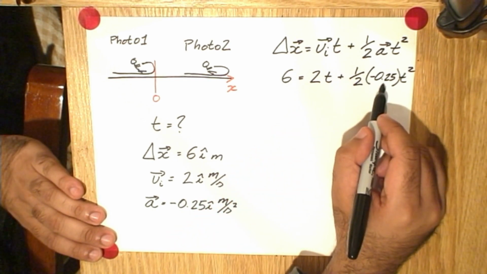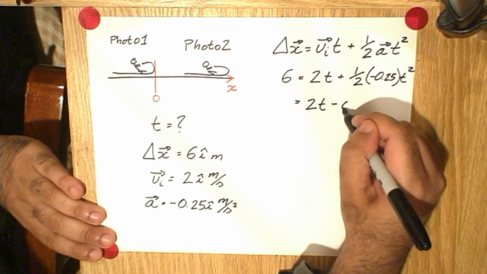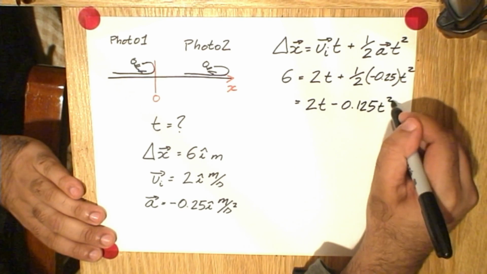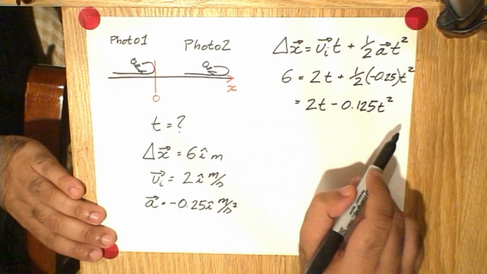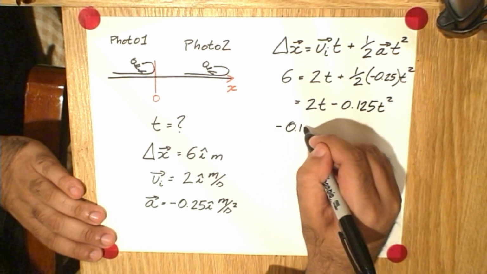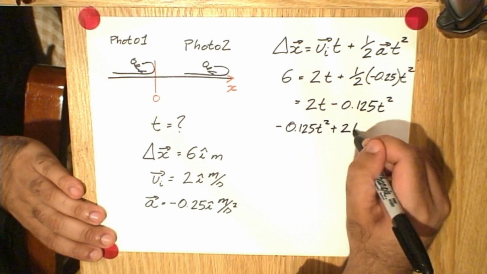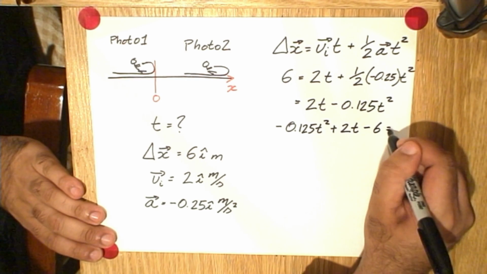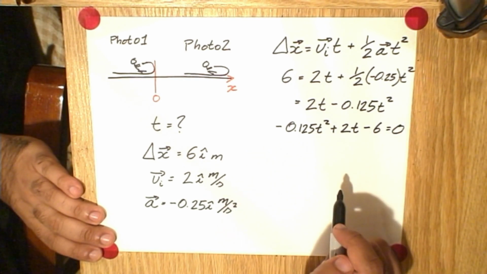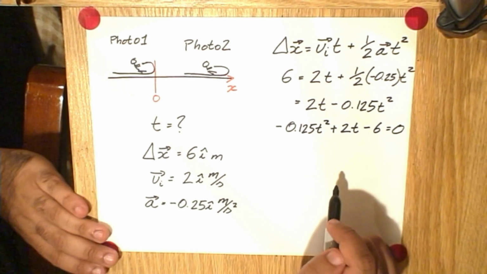Half times negative 0.25 will give us negative 0.125, and this whole equation can be rewritten like this. Negative 0.125 t squared plus 2t minus 6 is all equal to 0. This is a quadratic equation, which means we can solve it using the quadratic formula.